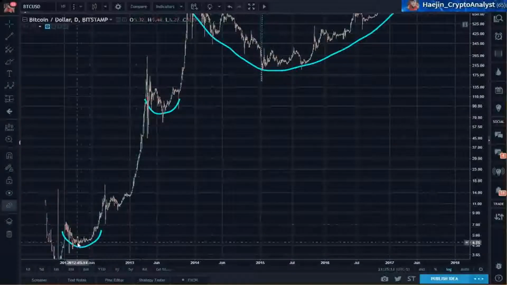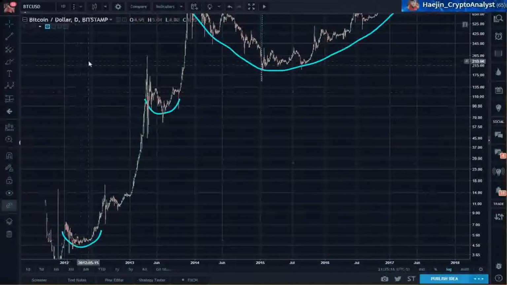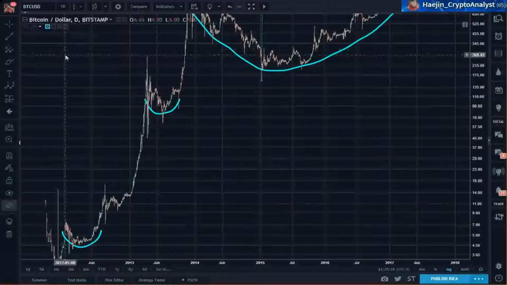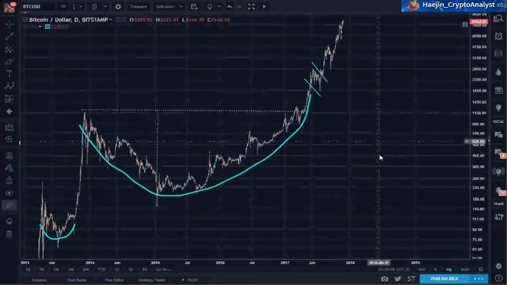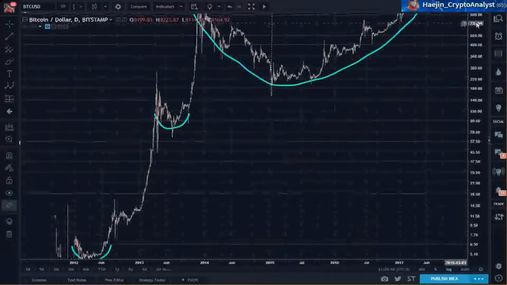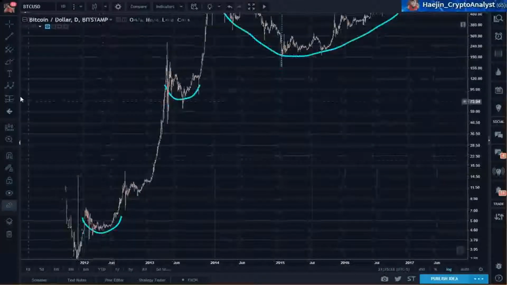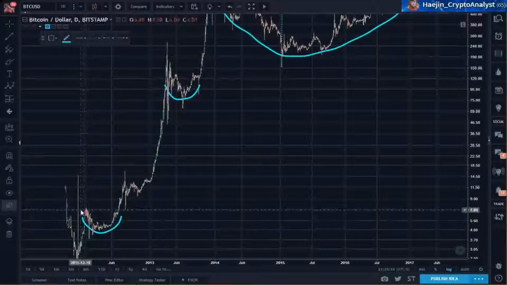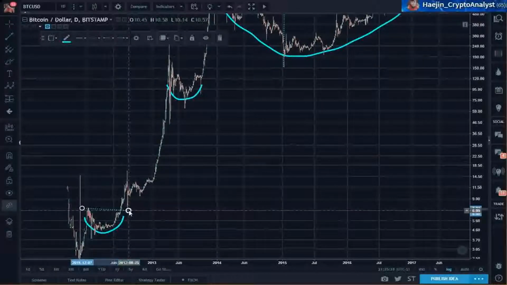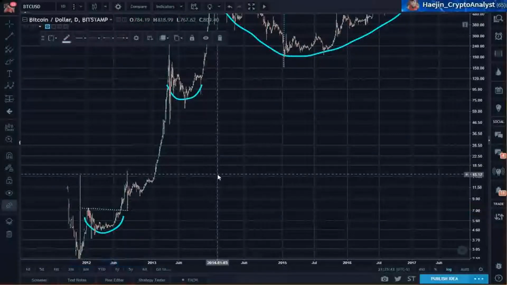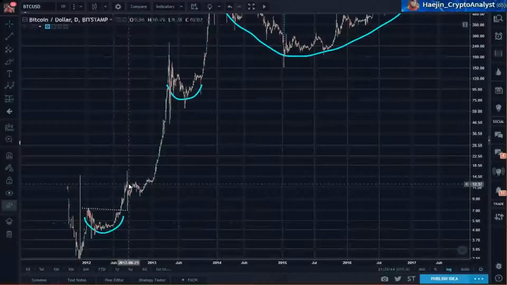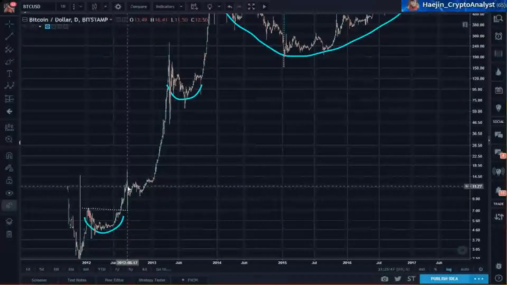And on this one we saw $450 to $288. And if you draw a line across the top of the rounding bottoms on this one, we are about here, equivalent to this.